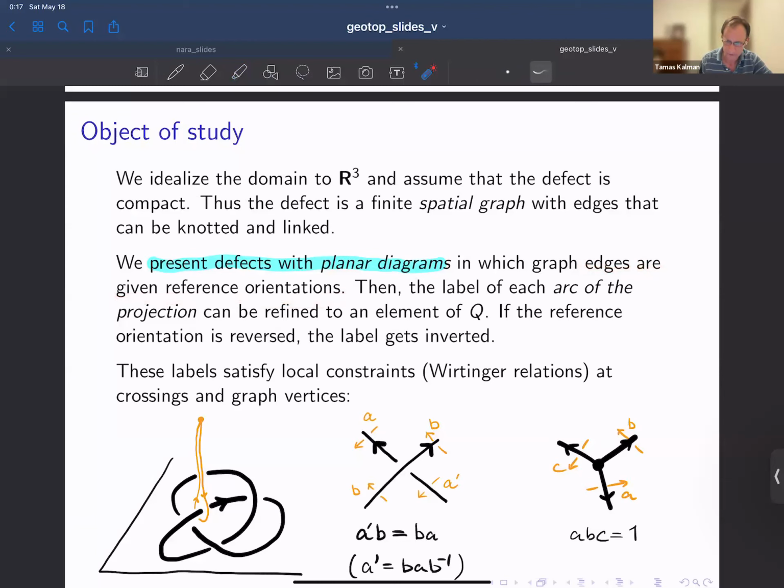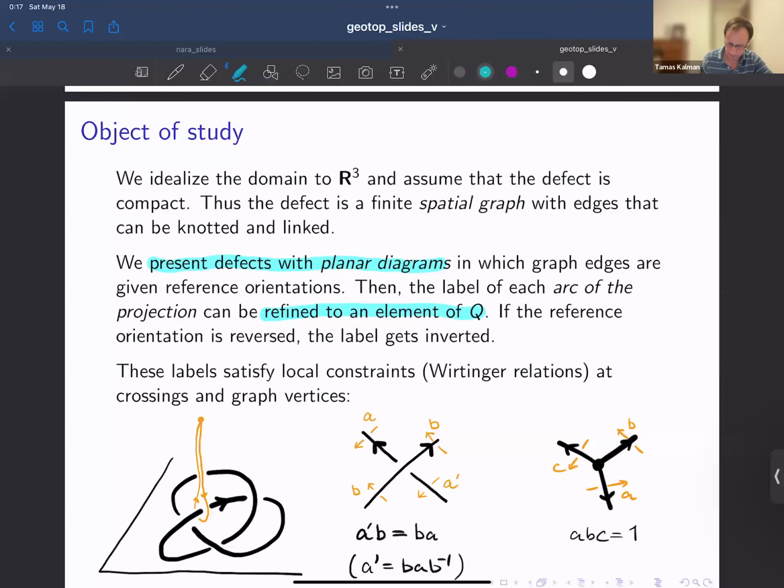Those are totally arbitrary. They have absolutely no physical meaning, but they will be helpful. So then the label of each arc of the projection can be defined not just as a conjugacy class, but as an actual element of Q. So that's kind of a good point to keep in mind.